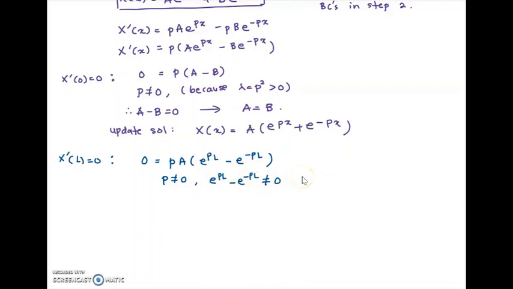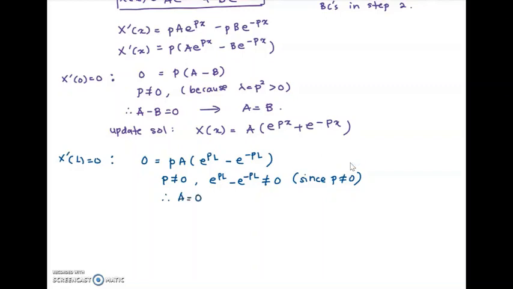So the justification here is since P cannot be 0, the bracket is also not equal to 0. Then the only thing that needs to be 0 is A, to make sure that the term on the right is equal to 0. Therefore A needs to be 0.